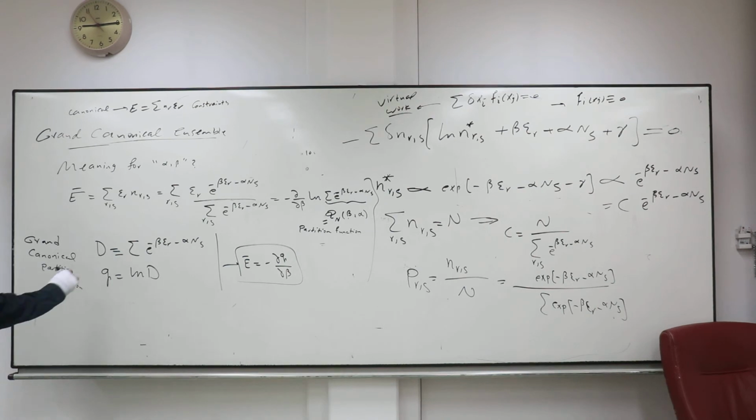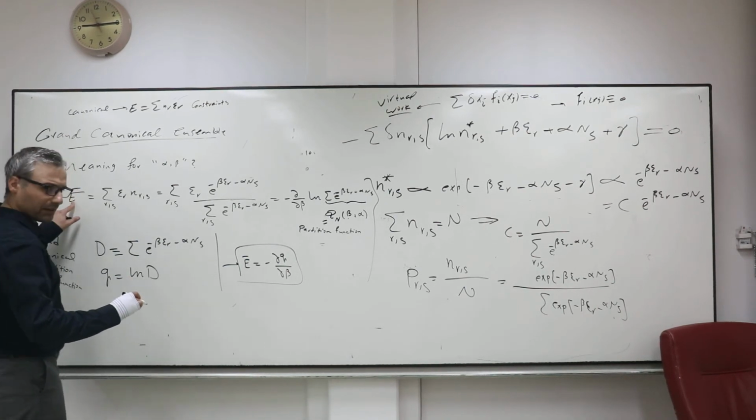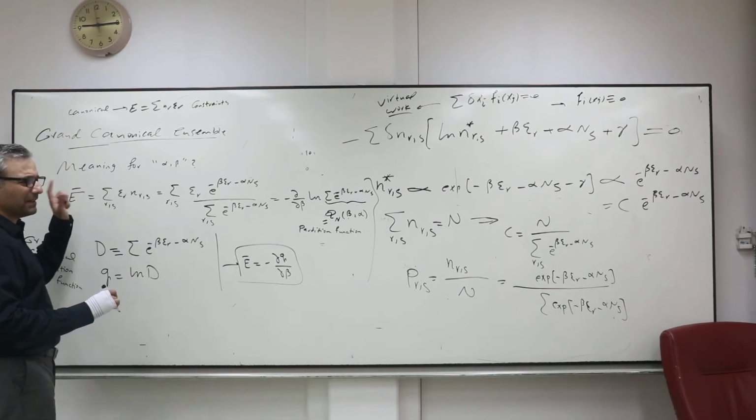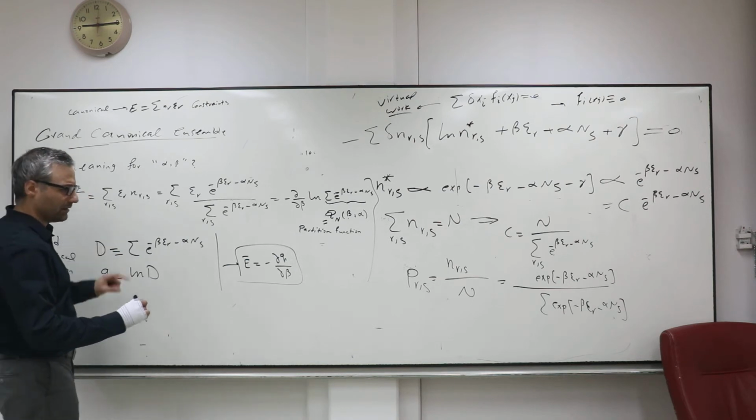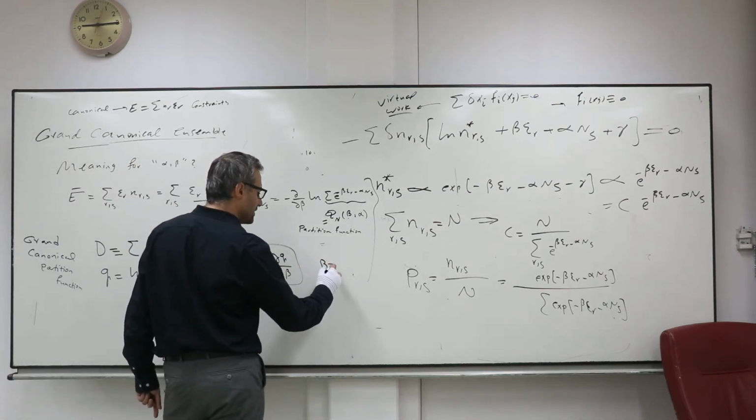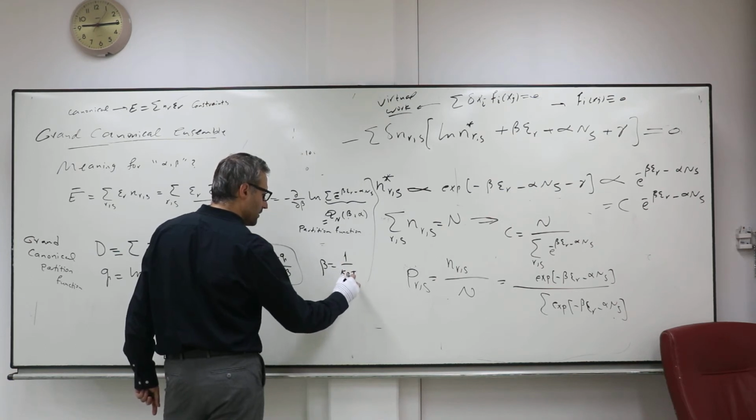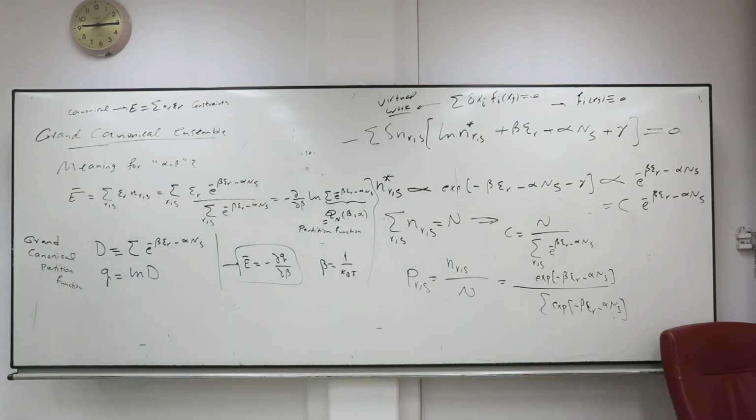So you see that the beta is related to the average of the energy, so it's the same beta as in the canonical. So you can say that beta is the same parameter. But what about the mu, which is about the alpha?